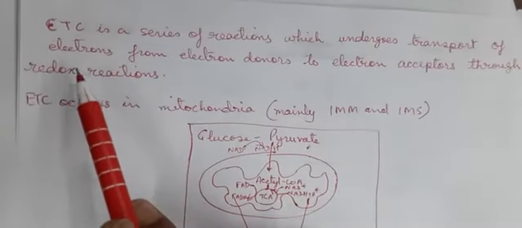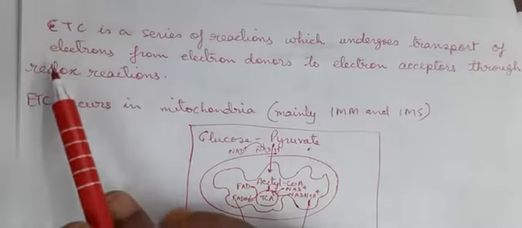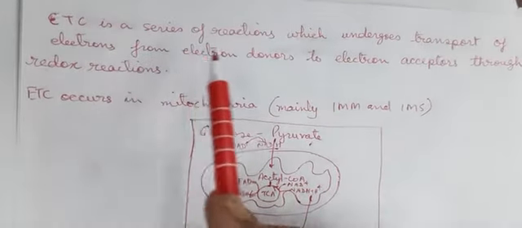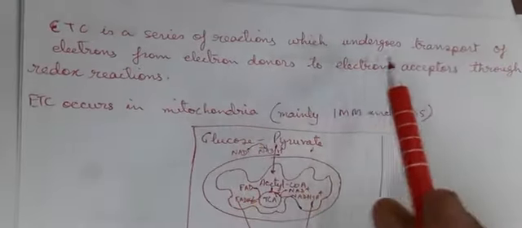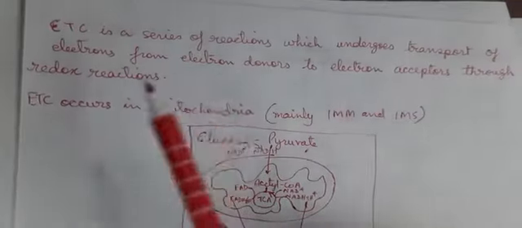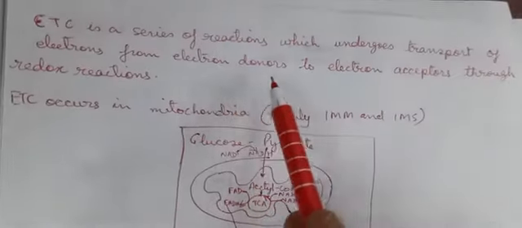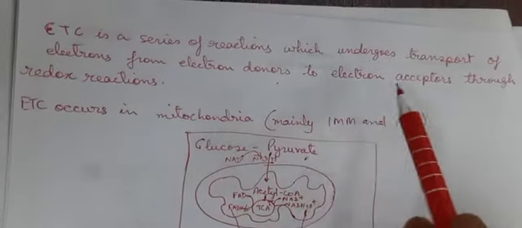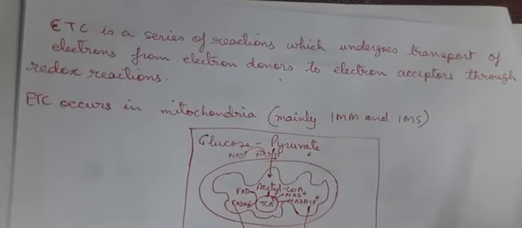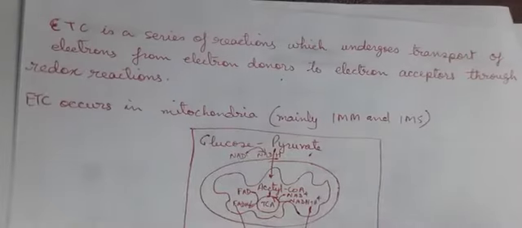ETC, that is the electron transport chain, is a series of reactions which undergoes transport of electrons from electron donors to electron acceptors through redox reactions.